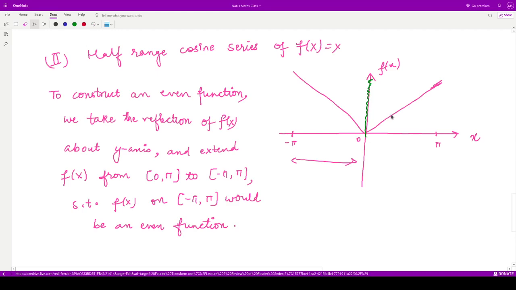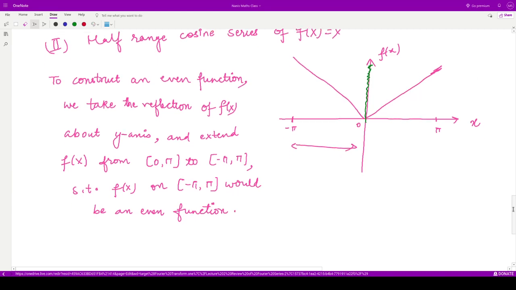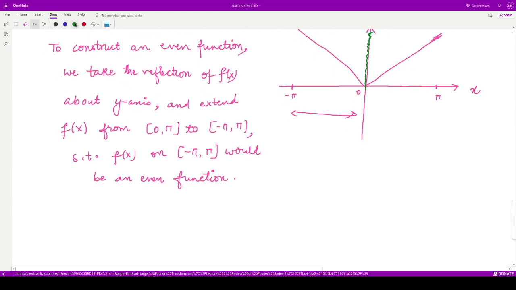Now this function is an even function, and we know the Fourier series expansion of an even function. For an even function, you have f of x is equal to a naught by 2 plus summation n varies from 1 to infinity a n cos n pi x upon L. And what is L here?